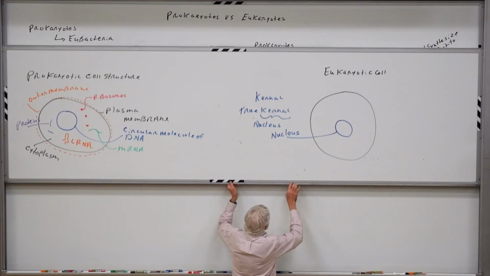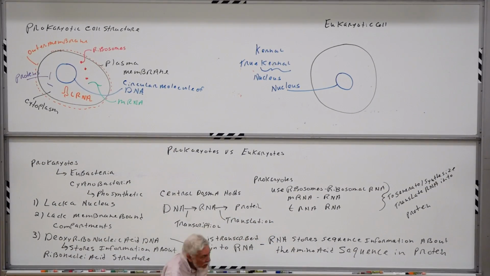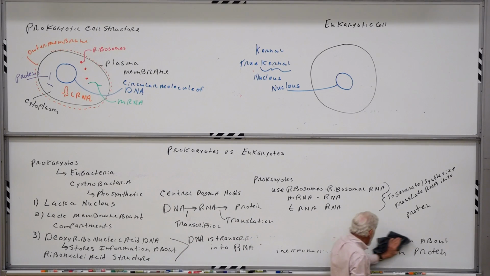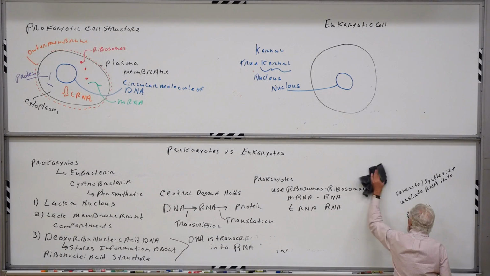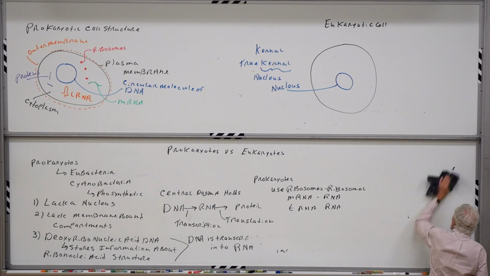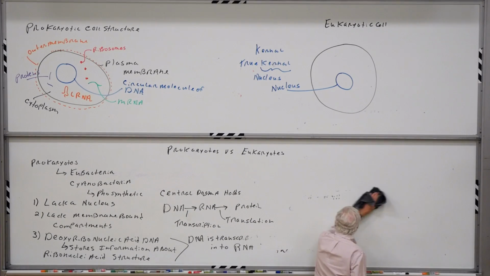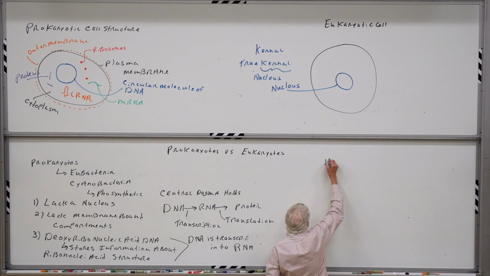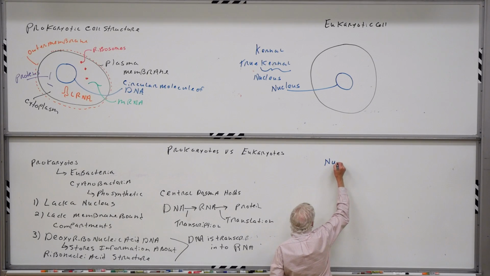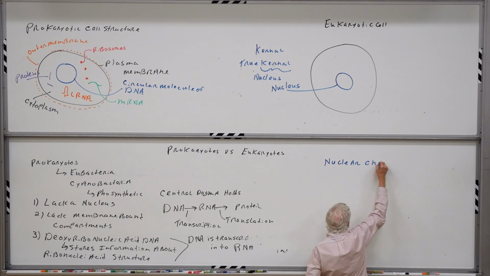I'm going to go up here. I'm going to list some things about the nucleus. The nucleus is a membrane-bound compartment. It's a classic membrane-bound compartment. But it's a membrane-bound compartment that's different from all the rest in that it's a membrane-bound compartment where DNA is sequestered. So let's call this nucleus nuclear characteristics.